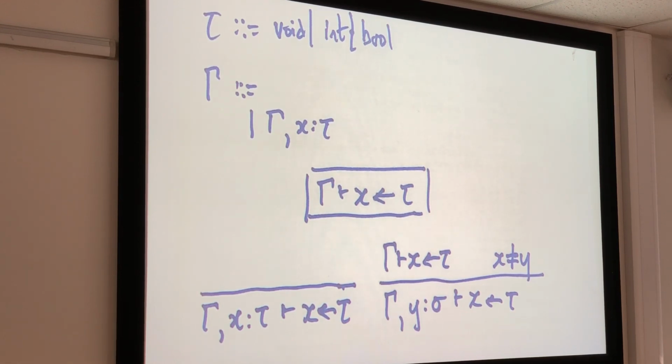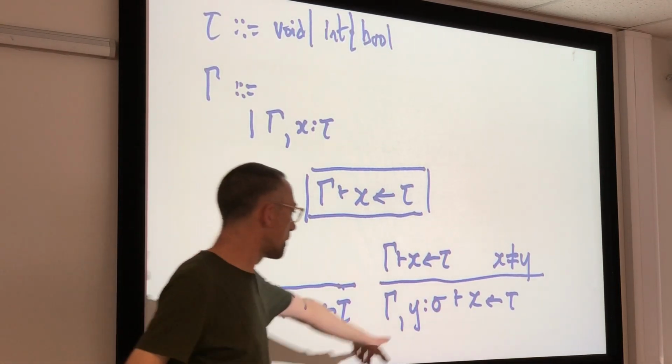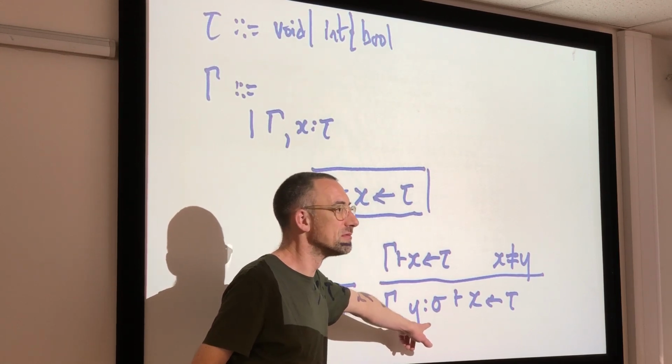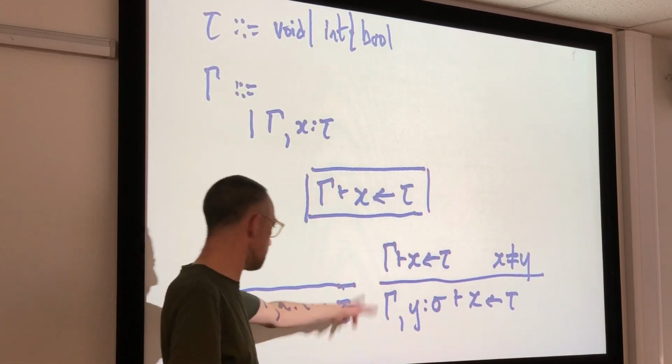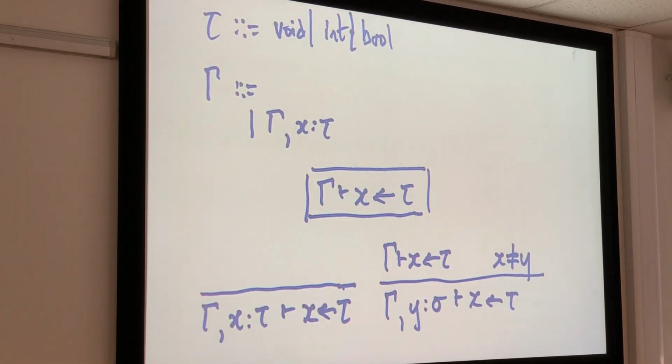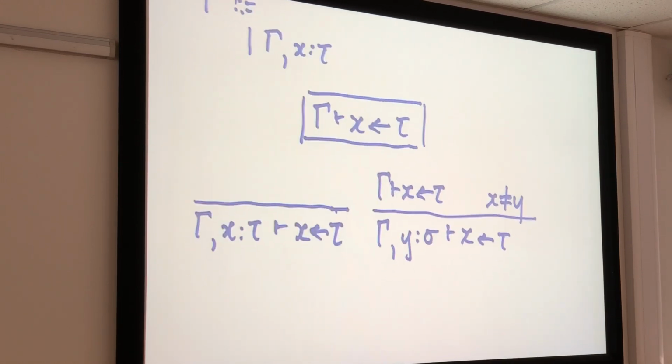That's to say, you can always take the top one, and you can look below the top one if the top one has the wrong name. So we're going to find the rightmost thing called x. Okay, cool. We know about types of variables.